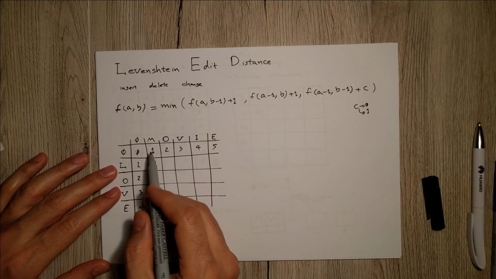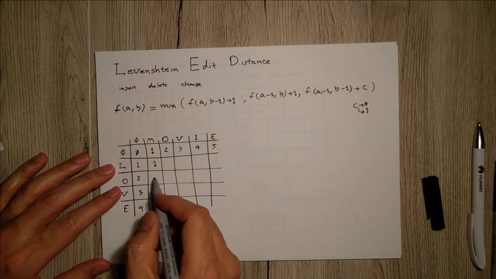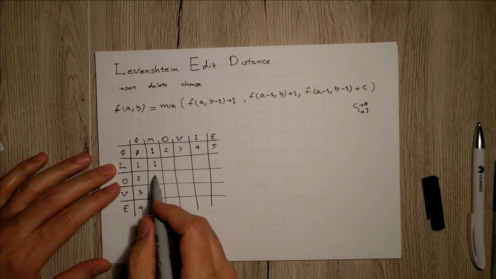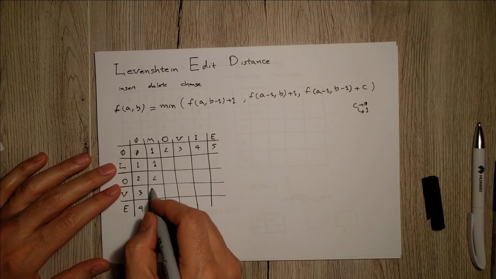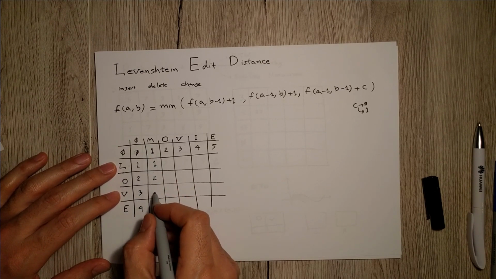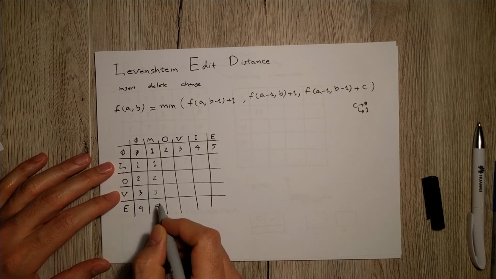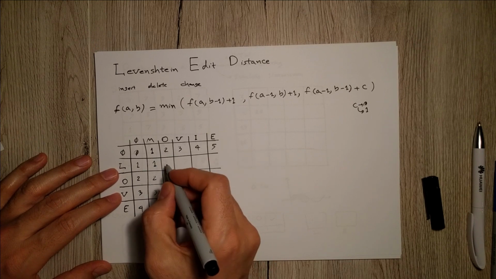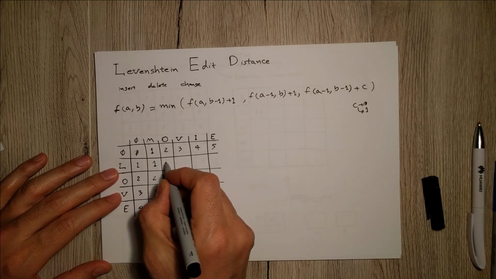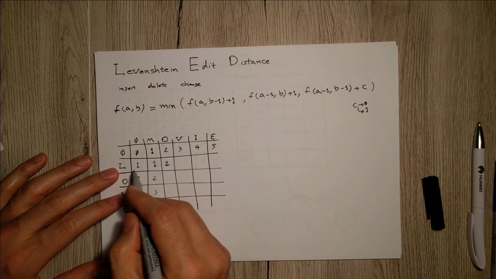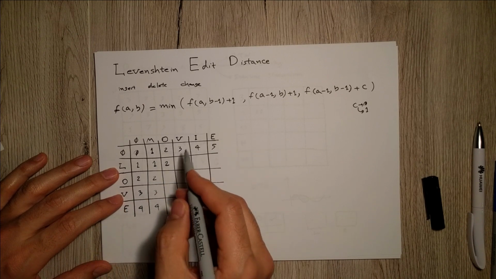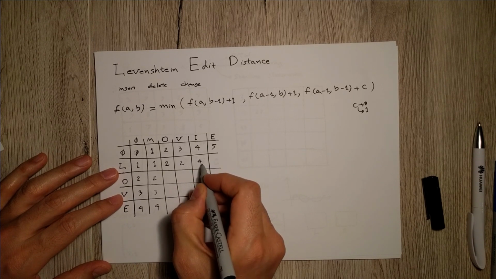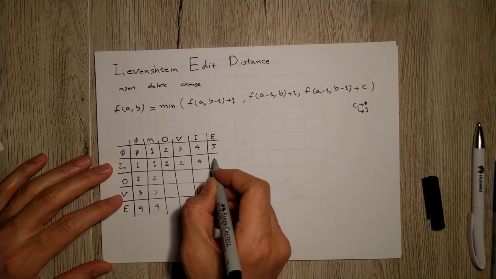Okay, comparing LO and M, I need 2 changes, and M and LOV 3 and 4. Okay, comparing L and MO, you can see it's 2, and L and MOV, I need 2 and 4 and 5.